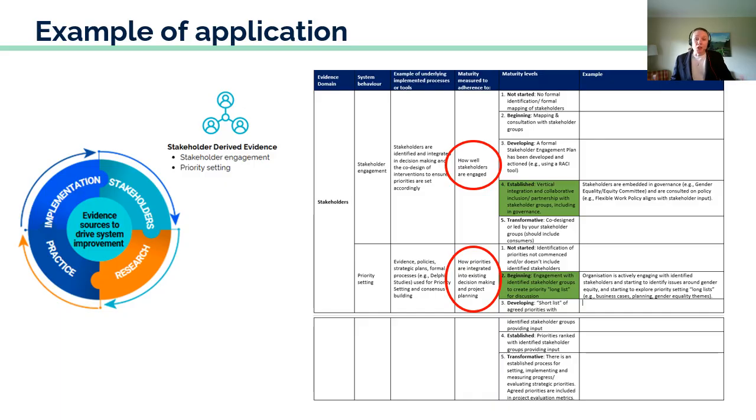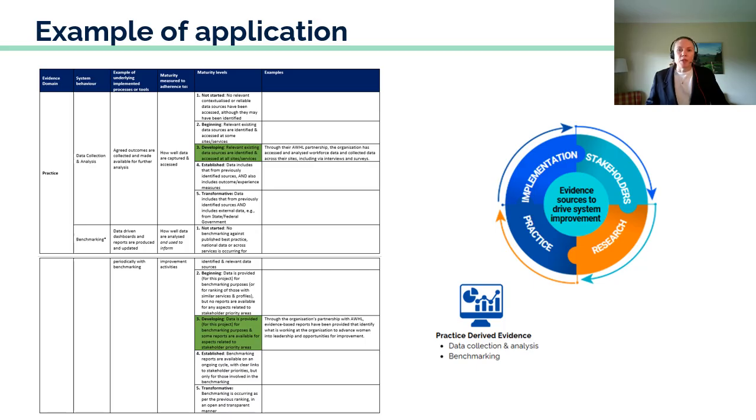In this case, I should say, the organisation had a look at that and thought, well, we're actually really just beginning here because we are engaging with our stakeholders and we are starting to identify issues around gender equity. We're starting to explore priority setting, we've got a long list of things that are important, but there's still work to do. So they have assessed themselves here at the beginning stage.